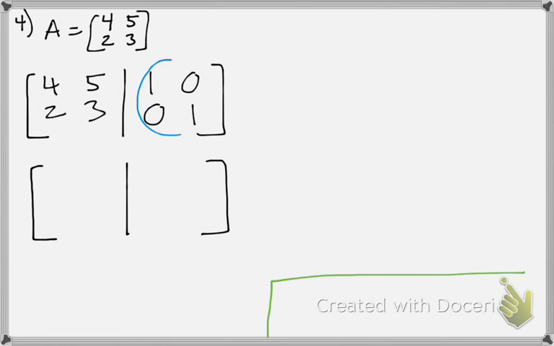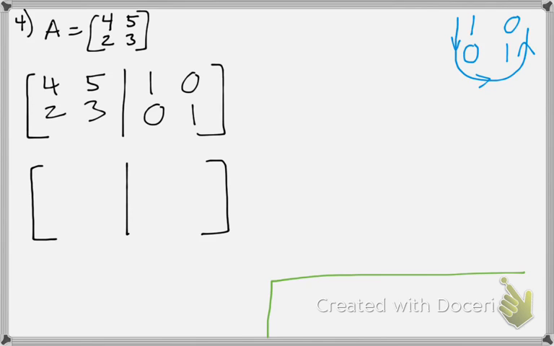Then whatever's left over on the right is going to be my inverse matrix. And my operations are kind of like a U. That'll make a little bit more sense when I show what we're doing here.